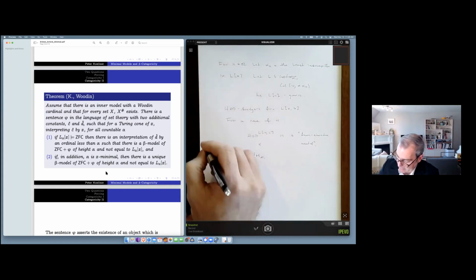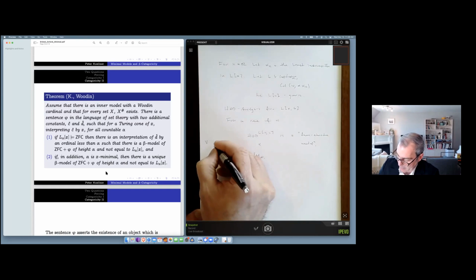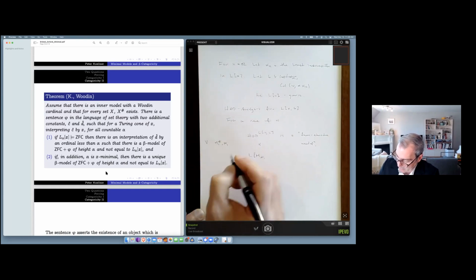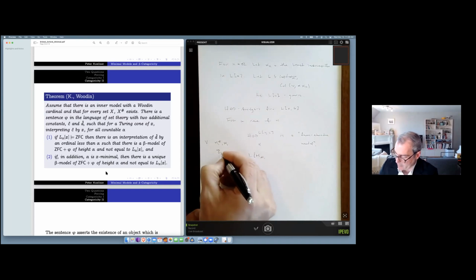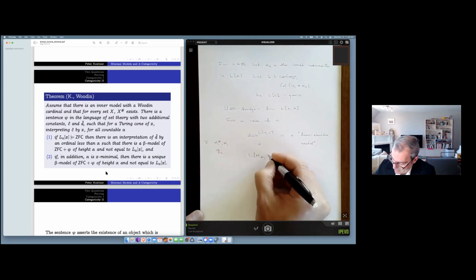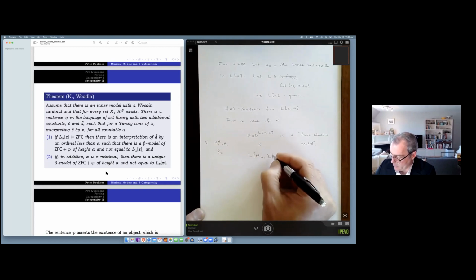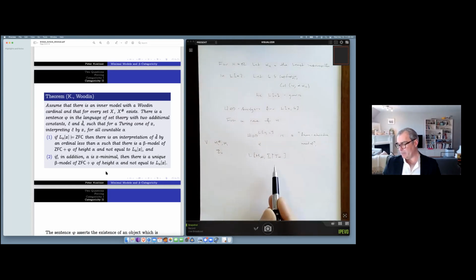So outside in V, we have M1 sharp and we have M1. And we let sigma 0 be its iteration strategy. Then you can take that iteration strategy and add it where you restrict to this collection of trees. And those trees are the ones that appear before the first inaccessible above M infinity.